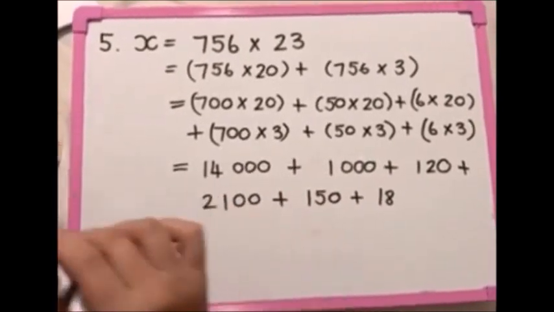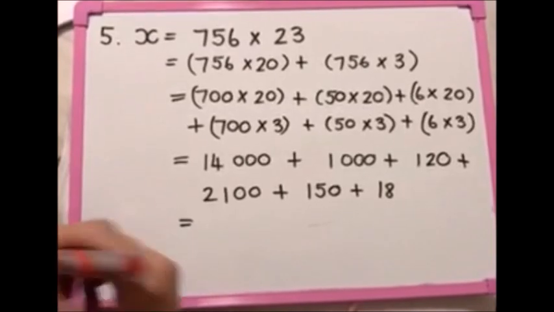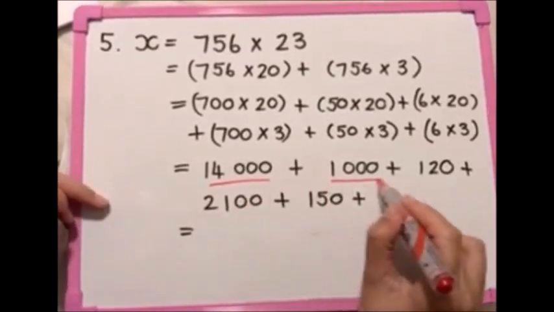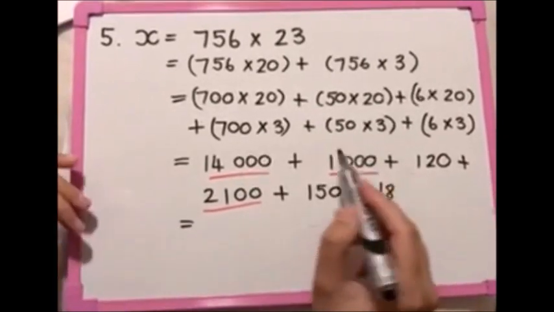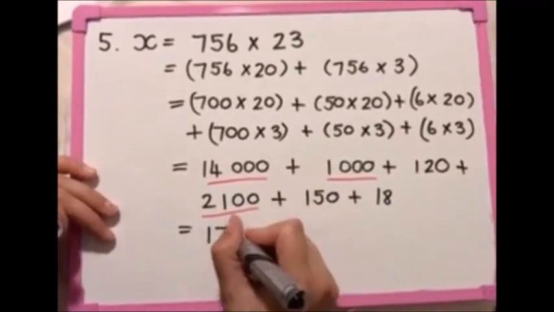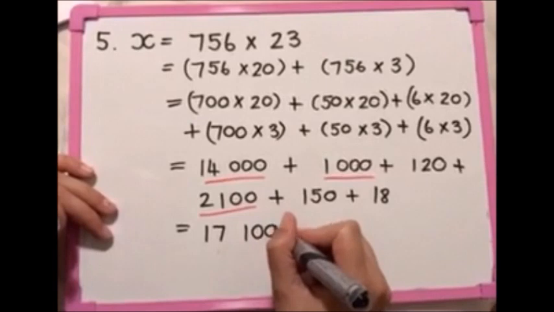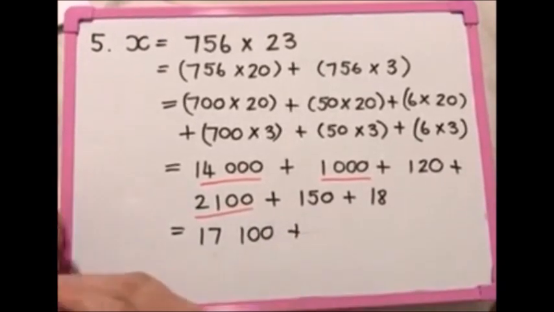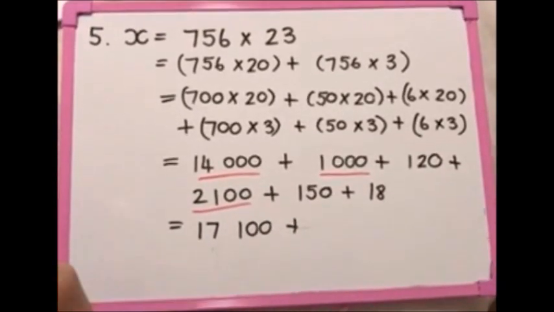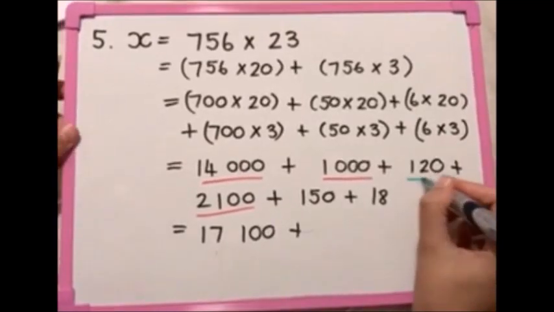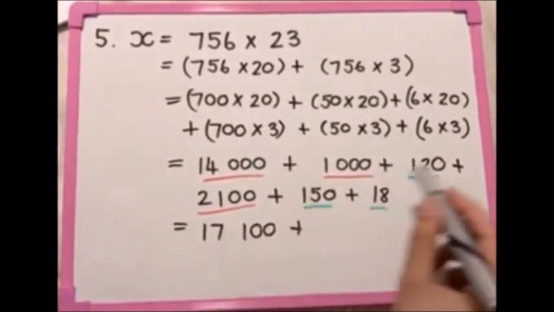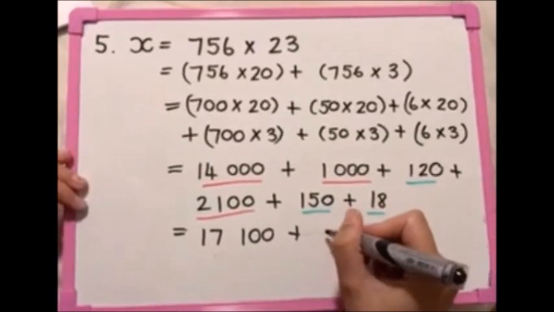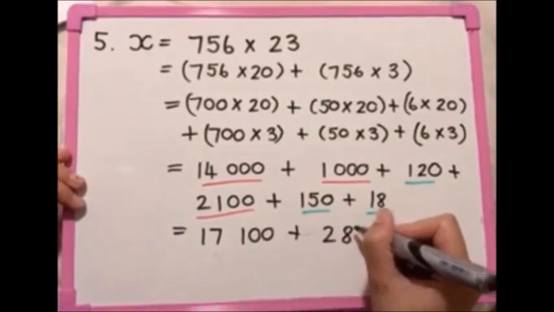I'm going to add 14,000 with 1,000 and the 2,100. Then I say it's 17,100. Then I'm going to add the last 3 numbers, 120 plus 150 plus 18, which gives me 288.